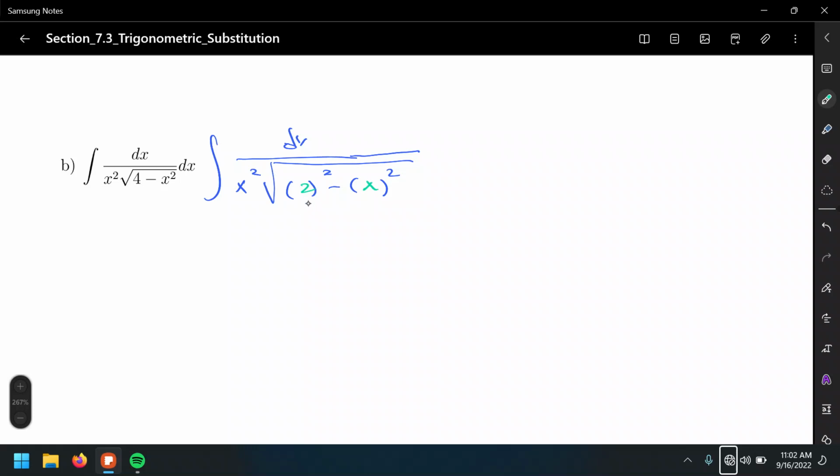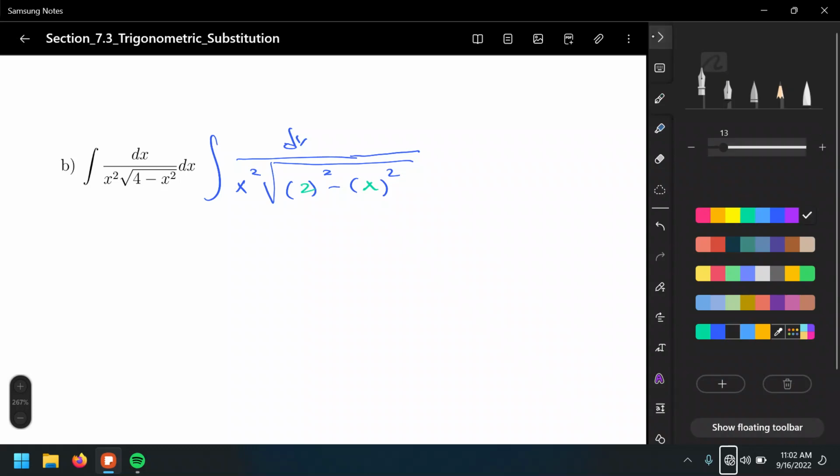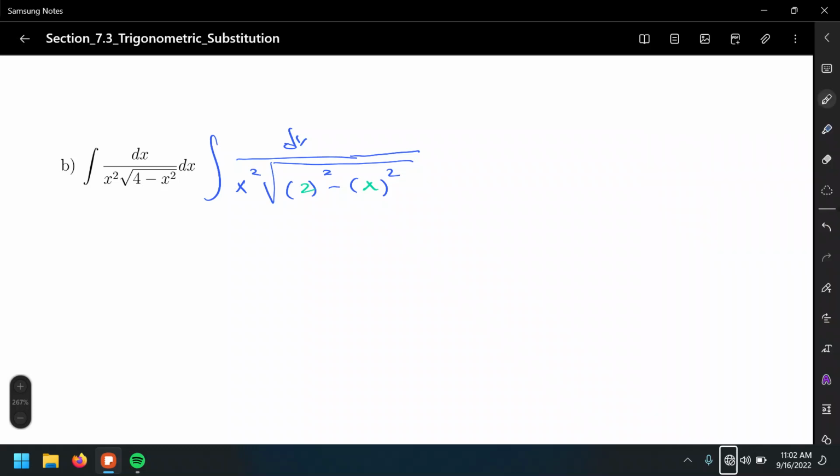That means the first term should represent the hypotenuse of the triangle and the second term should represent one of the sides. Which one is it? Doesn't matter, but I always suggest to use the one that is opposite to the acute angle that we draw on the triangle. So let's draw that triangle. This is our theta, our reference angle.